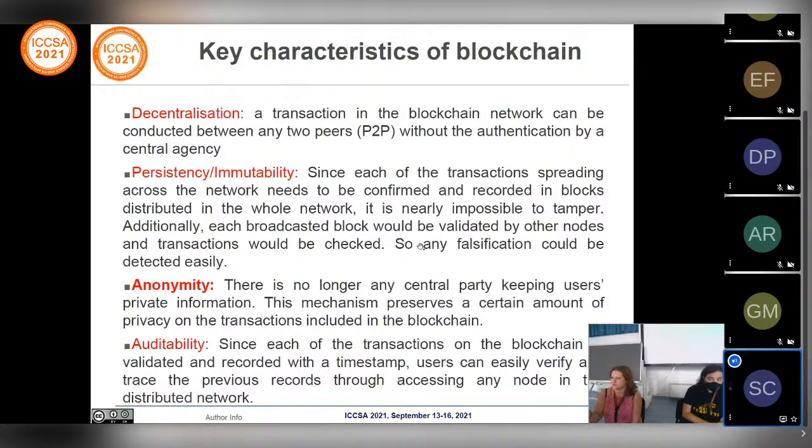The key characteristics of blockchains are summarized in this slide: decentralization of data, persistency and immutability, anonymity, and auditability.